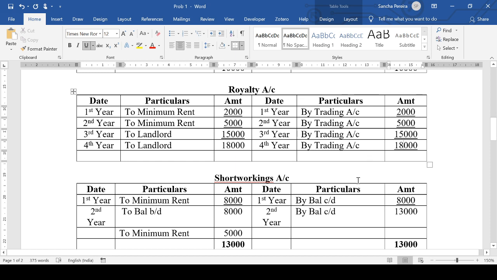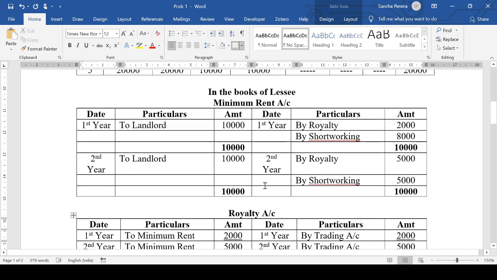Now we come to the last year, which is exactly the same. Royalty is more than the minimum rent. So again, royalty account debit to landlord account. Royalty in the last year is 20,000.